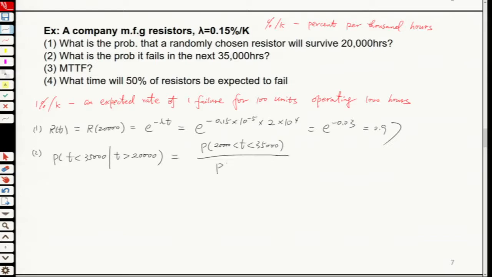This is F(35,000) minus F(20,000), divided by R(20,000). If we put the exponential distribution in, this should equal 0.051.